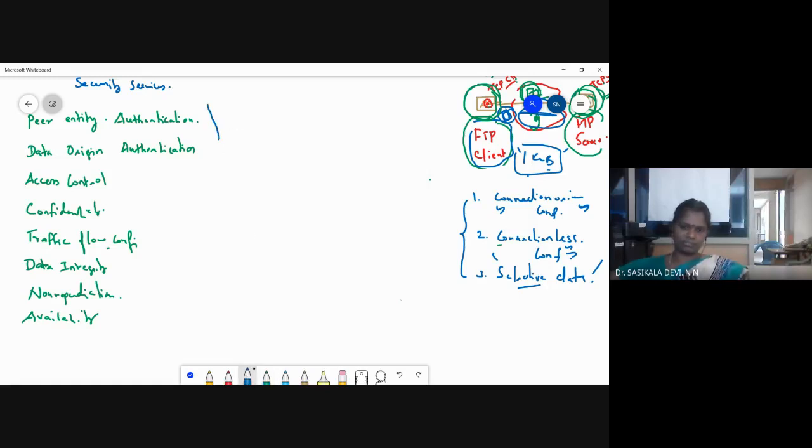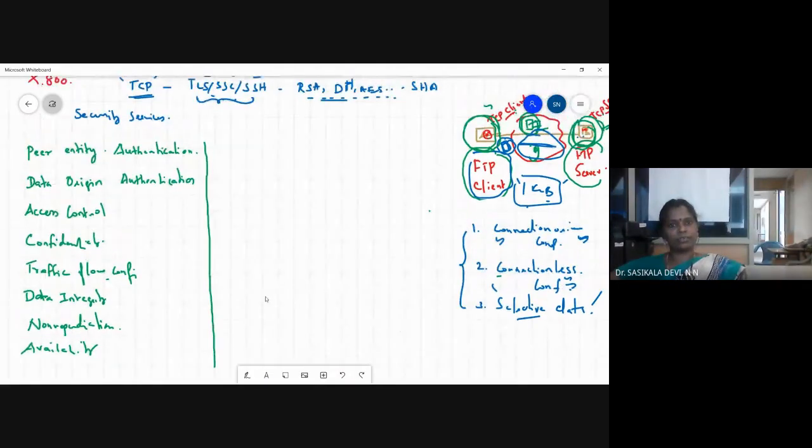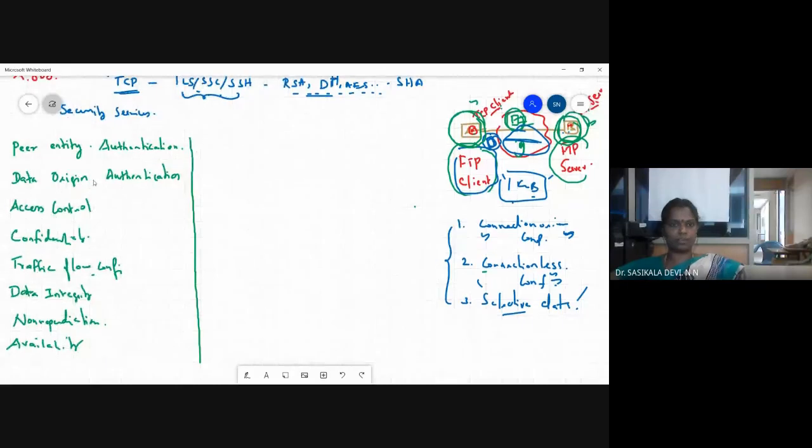These are the security services. Okay, so in order to provide security services, there are different security mechanisms available.